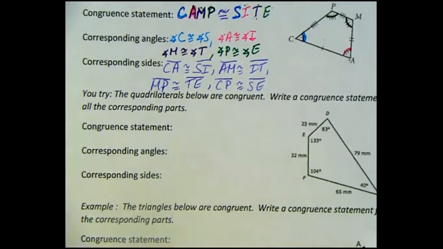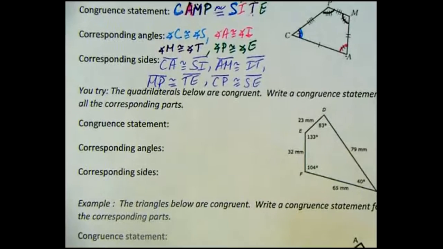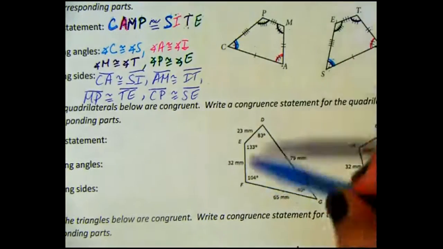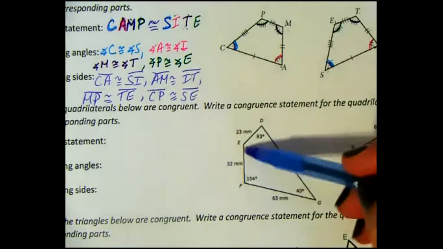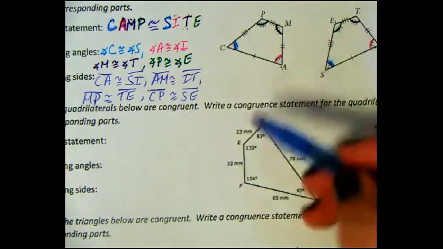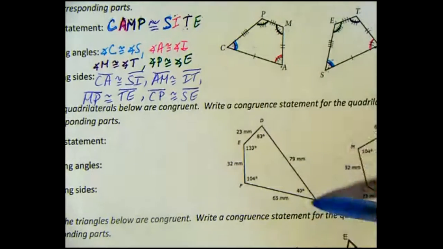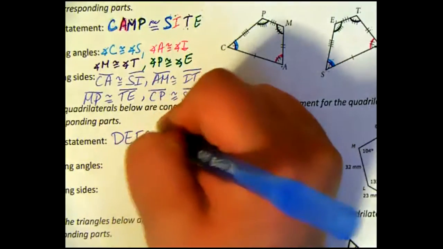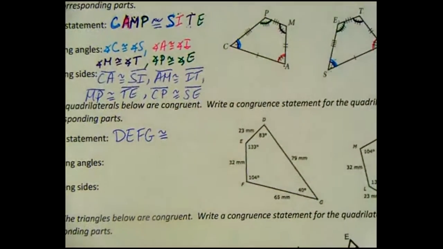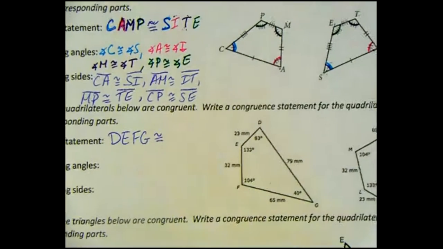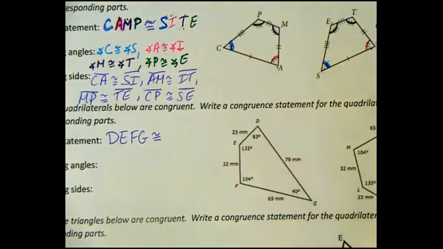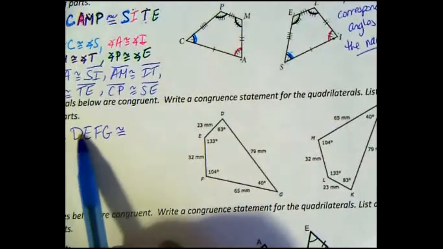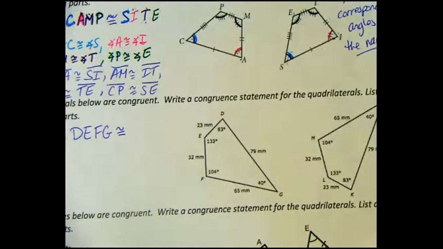Okay, how about I start you guys off? Looking at our first quadrilateral, let's say this is F, E, D, G. So let me go in alphabetical order, D, E, F, G. Okay, let's say I have quadrilateral D, E, F, G. How should I name my second quadrilateral to make sure that my congruent angles are matching with the vertices?